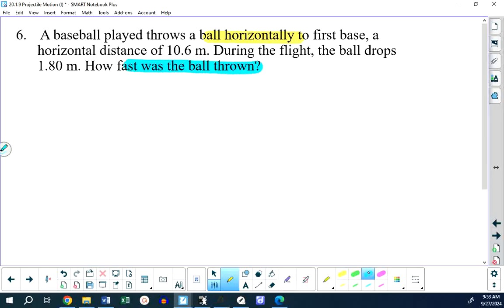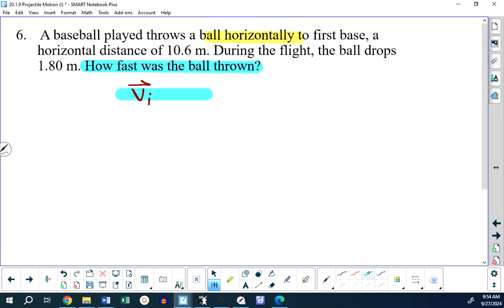We should understand that this question is saying, what is VI? And I really want to dig down deep today and talk about what it means when I say what is VI. When I say what is VI in projectile motion, and I don't make any reference to X or Y, I'm saying that's the initial velocity, period. Which in this case is so many meters per second horizontally.